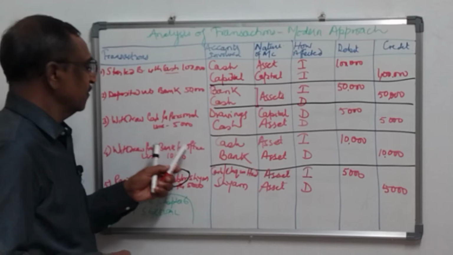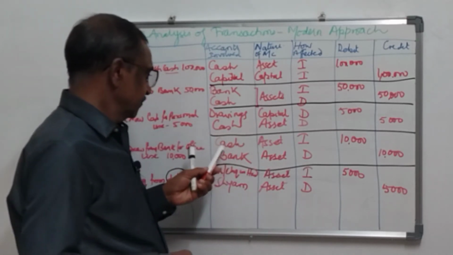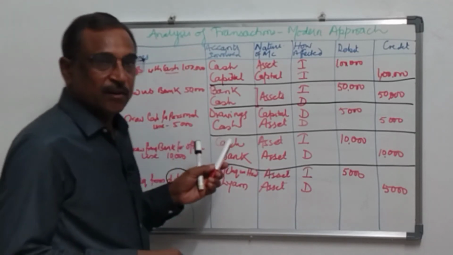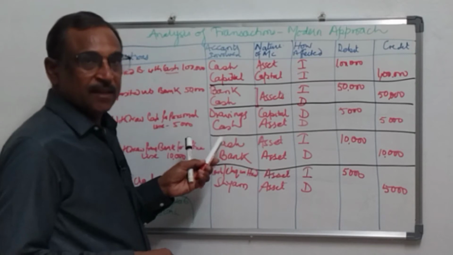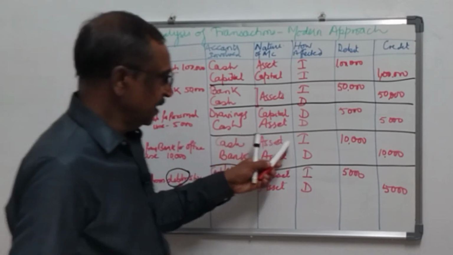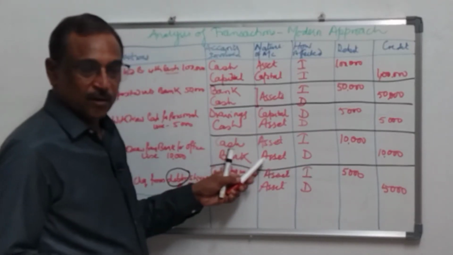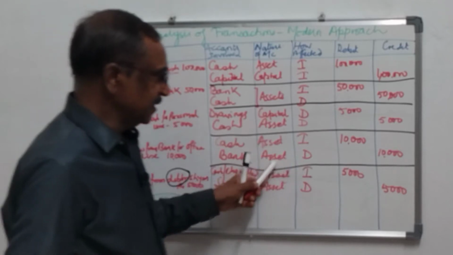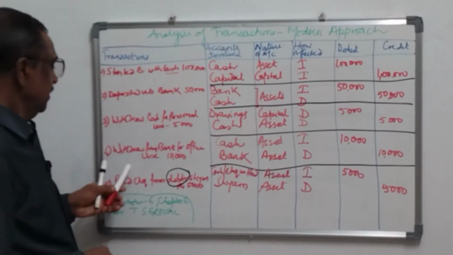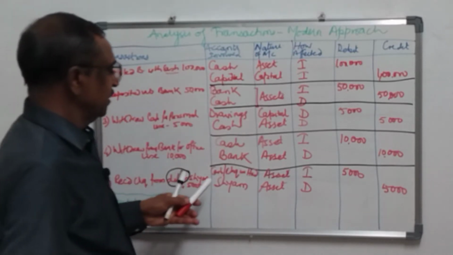Withdrew from bank for office use 10,000. Cash and bank are involved. Since you have withdrawn cash, your cash balance will increase, and being an asset, it is debited, and the bank balance has reduced. So decrease in asset is credited. Received cheque from debtor Shyam, rupees 5,000.